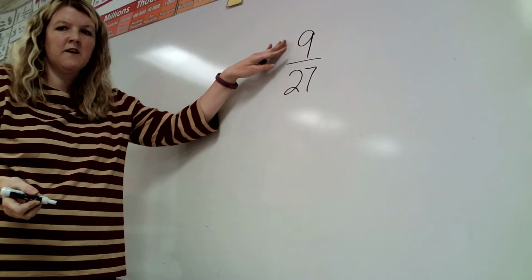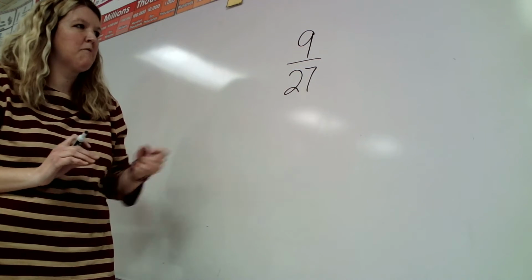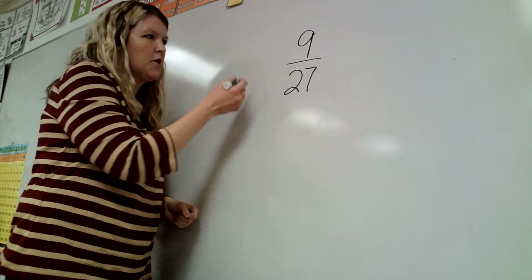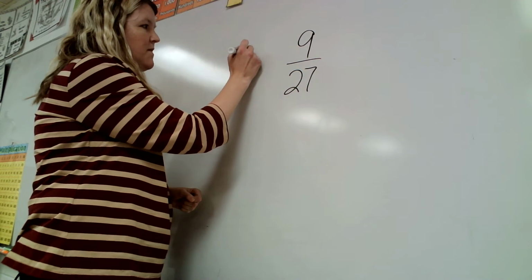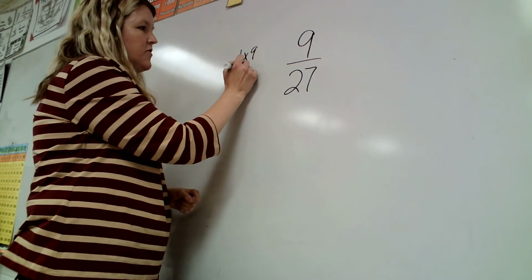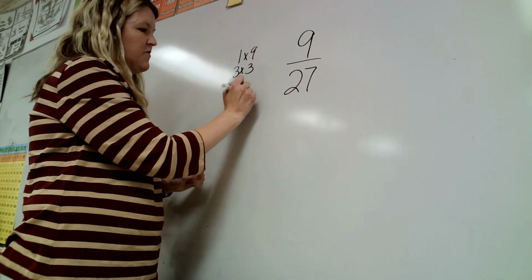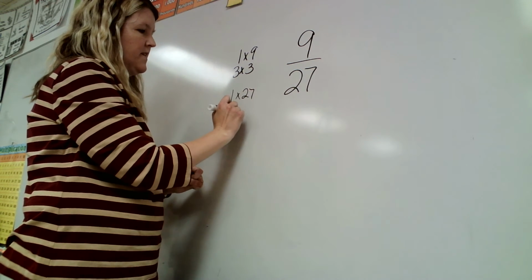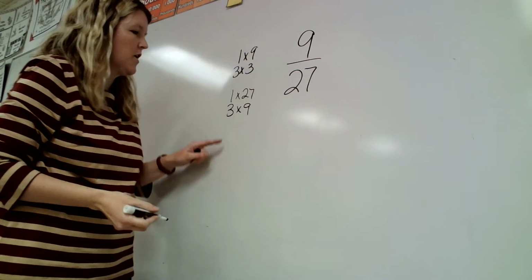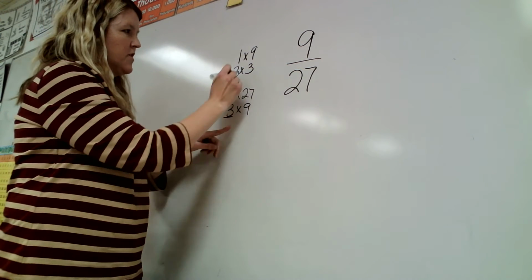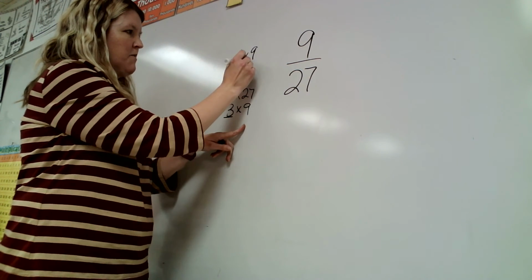Some of you may not recognize any common factors between these, so you can go ahead and just list them out. 1 times 9, and then 3 times 3. Then for 27, 1 times 27, and then 3 times 9. So I see that they've got a common factor of 3 and a common factor of 9.